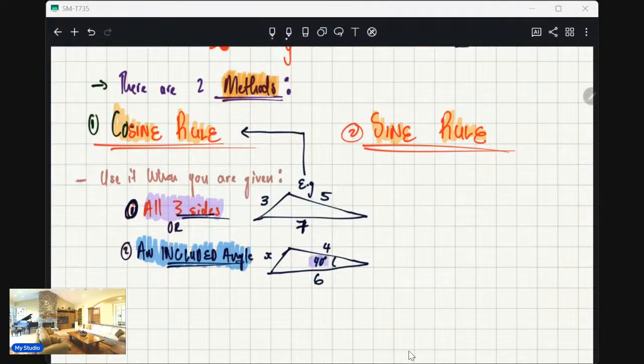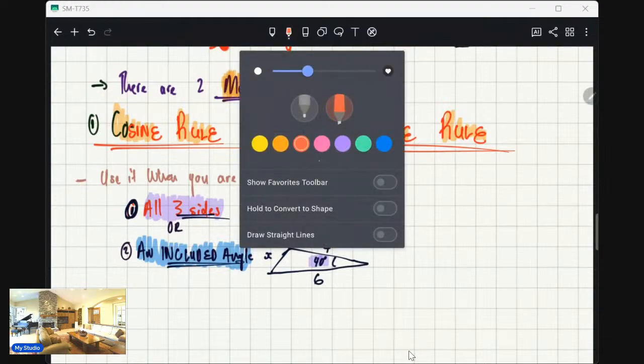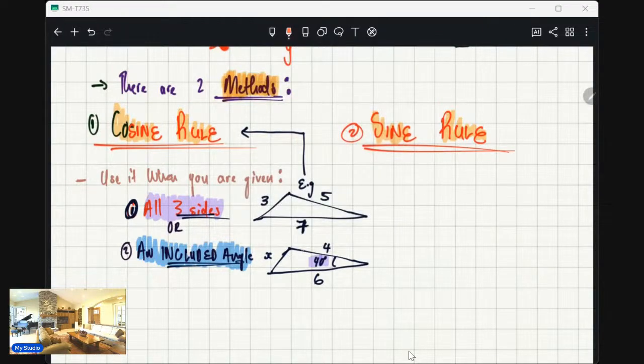Is it included? What does it mean to say it is included? It means the two sides that make it. The 40 degrees is made at this corner. What two sides are going to that corner? 6 and 4. 6 and 4 are the ones that make 40 degrees, so this angle is made by two sides that we know.